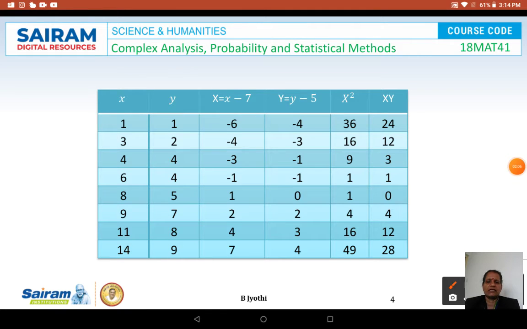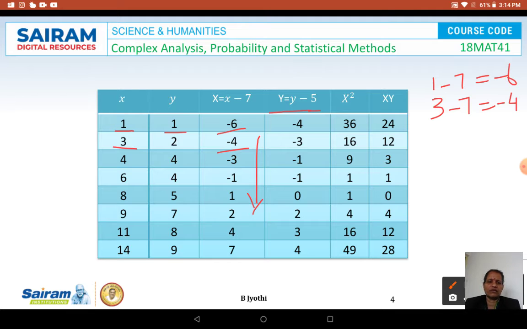So how it has been done is the x value is 1 here. So 1 minus x bar, which is 7, will be minus 6. So that has been written here. Similarly for the 3, it is 3 minus 7, which equals minus 4. So likewise all these values are calculated. Similarly, coming to capital Y, we have to calculate y minus y bar, where the y bar value is 5.